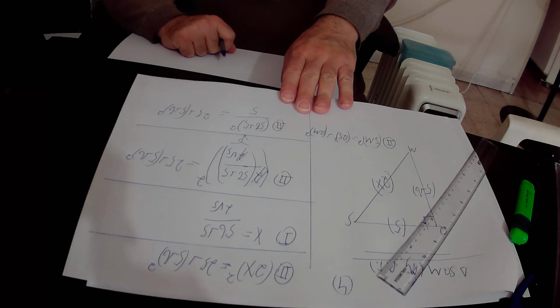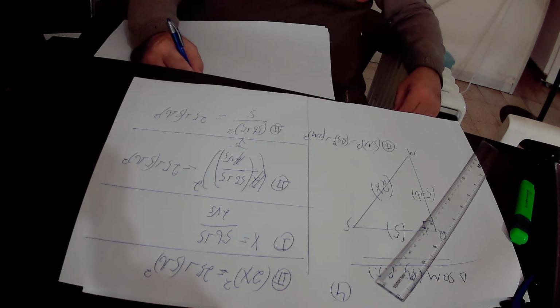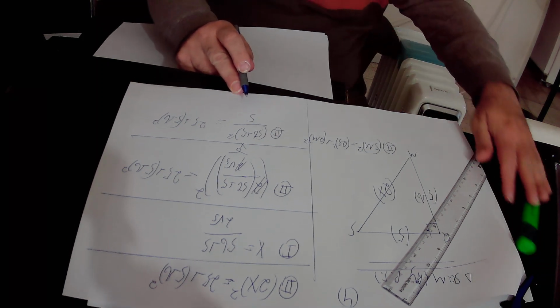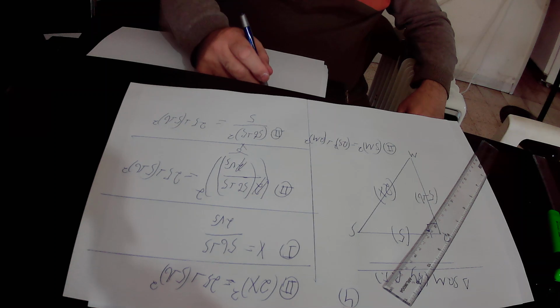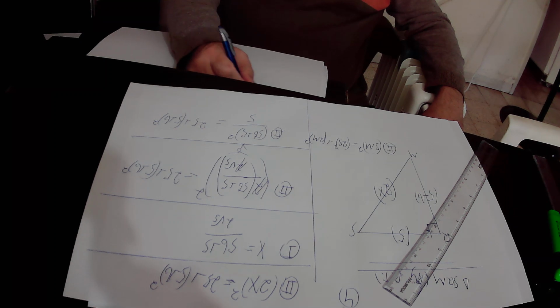Here we will open the brackets on both sides of equation number 2. On this side, (5b plus 5) squared equals (5b) squared, that is 25b squared, plus 5 squared, that is 25, plus 2 times 5b, that is 10b, and 10b times 5 is 50b, all divided by 5.